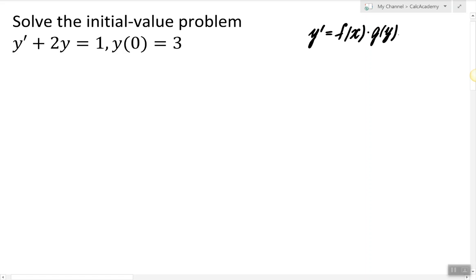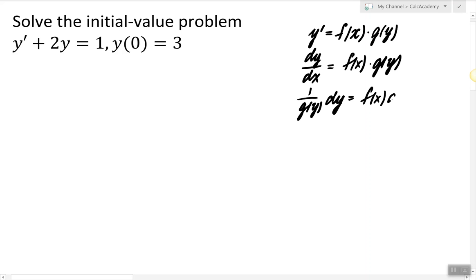Once we identify such a function, we would rewrite the derivative in Leibniz form, and then we would separate our variables. We would put everything that has y on the left hand side and everything that has x on the right hand side, and then we would integrate both sides.